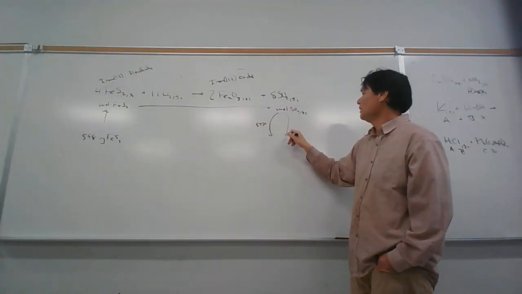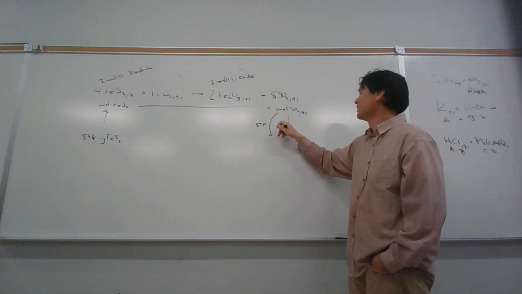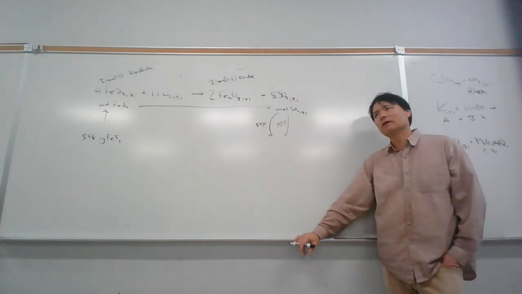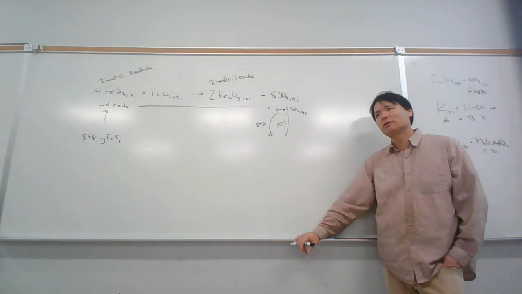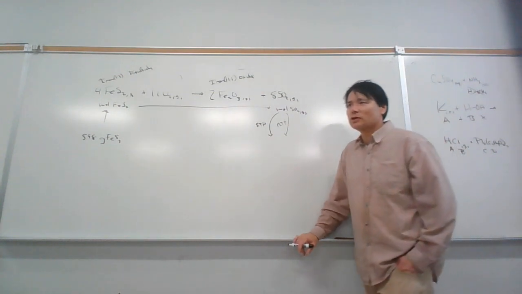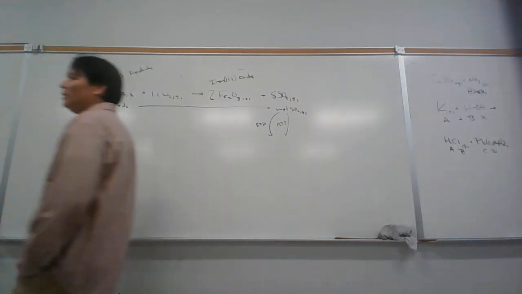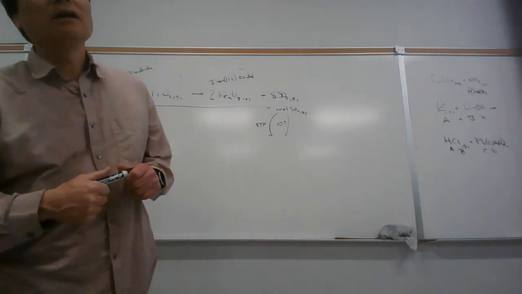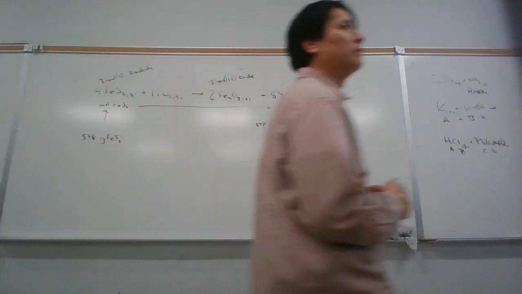Are we at RTP, room temperature? This one is more useful to memorize because we do most of our reactions at room temperature. If you look at these tables, a lot of them are at room temperature, although these ones don't say it.